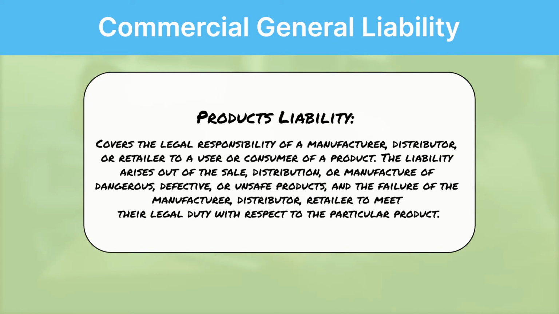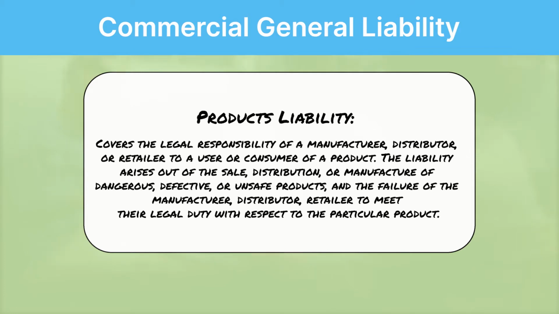Products liability covers the legal responsibility of a manufacturer, distributor, or retailer to a user or consumer of the product. The liability arises out of the sale, distribution, or manufacture of dangerous, defective, or unsafe products, and the failure of the manufacturer, distributor, or retailer to meet their legal duty with respect to the particular product.